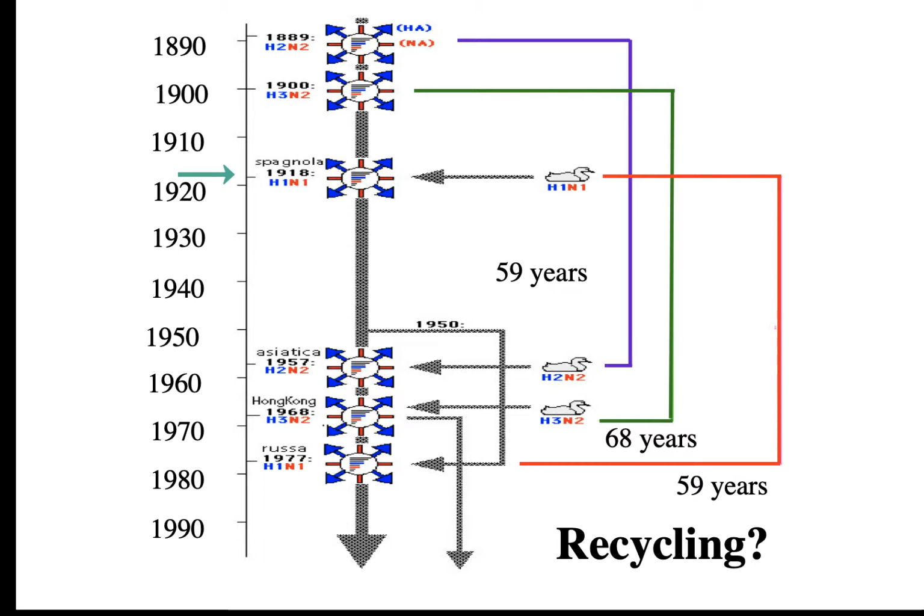And then in 1968, there was a Hong Kong flu that looked similar to a strain that was present in the 1900 epidemic, and then the 1957 Asiatic flu looked similar, at least in its infection and death rate, to an 1889 influenza. So we and others think that there might be these strains recirculating over time.